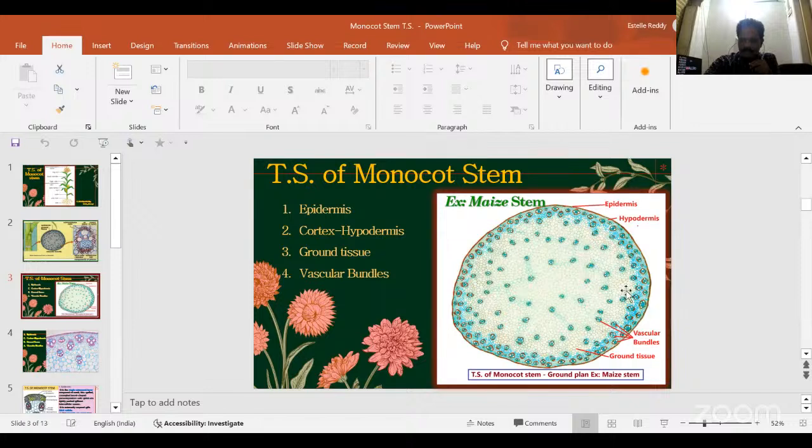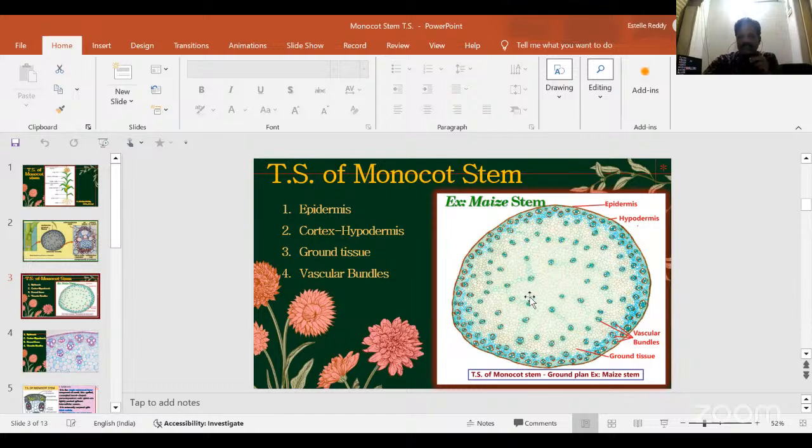The number of vascular bundles is more than 20 or 30. Numerous vascular bundles are there in monocot stem. Comparatively, in dicot there was a limited number of vascular bundles, as we saw yesterday in the case of dicot stem.